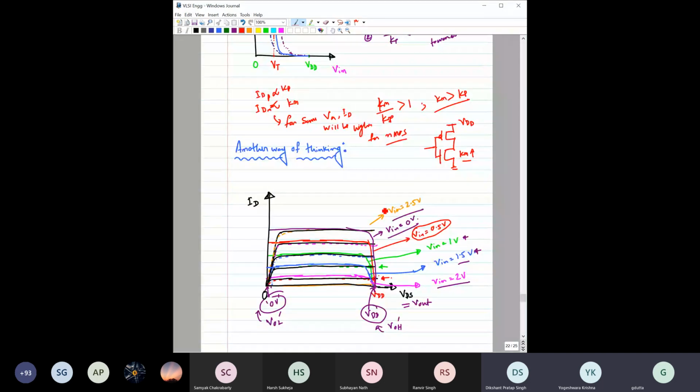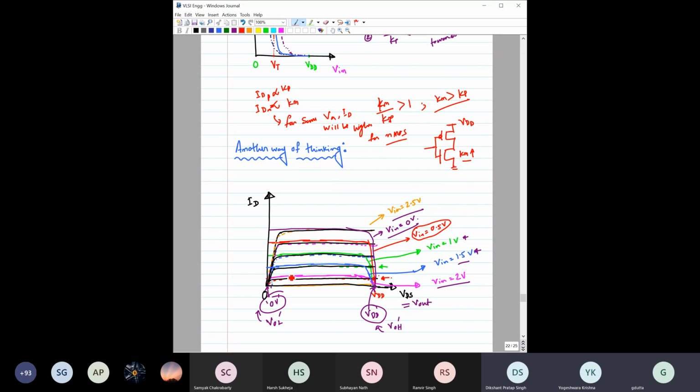Previously we have seen that when Kp equals Kn, for the same gate overdrive, which means Vg minus V threshold, how much we are going above the threshold. Let us say for the time being we are fixing the PMOS and only increasing the NMOS width, so the NMOS current is increasing.